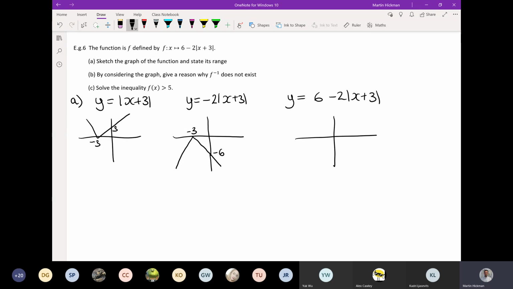Again, just think about what happens to your y values, or these key points we've got here. This was -3, 0 before. The x is going to remain -3, but you're then going to add 6 to the y value, so before it was -3, 0, now it's -3, 6.